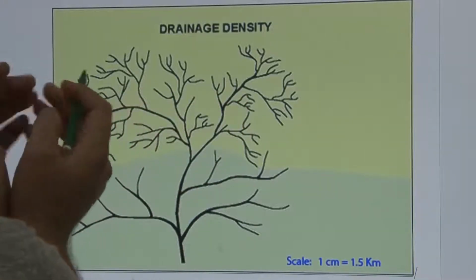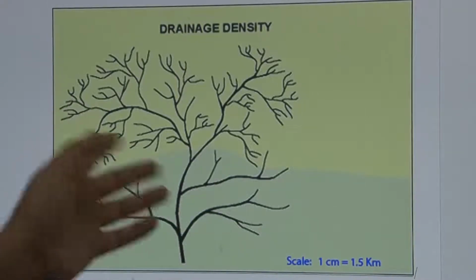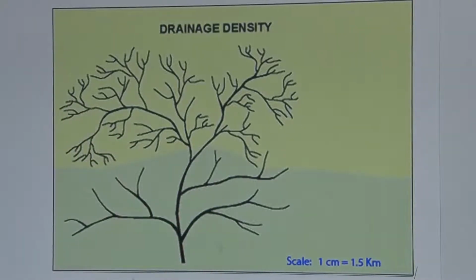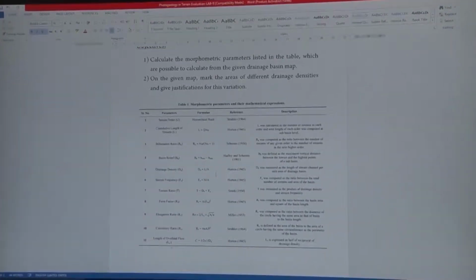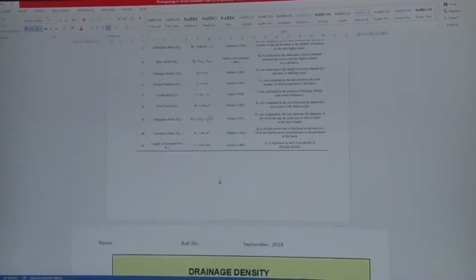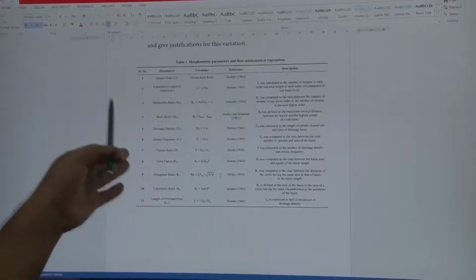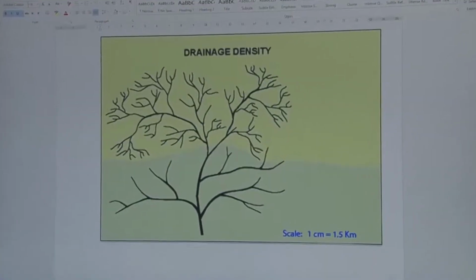This is the drainage basin area. So suppose you are given a map. First you have to draw a drainage basin, and then I will explain these parameters: what are the morphometric parameters which you can calculate with the help of a given image.